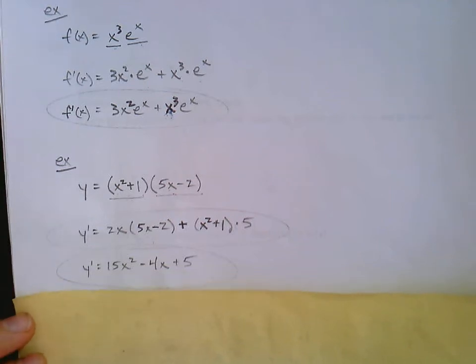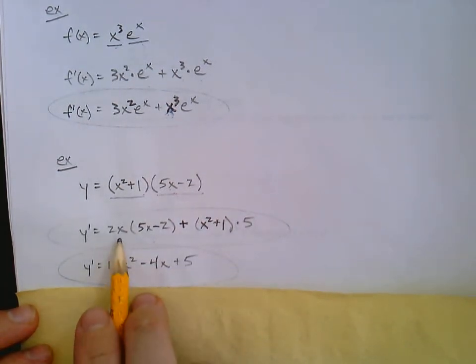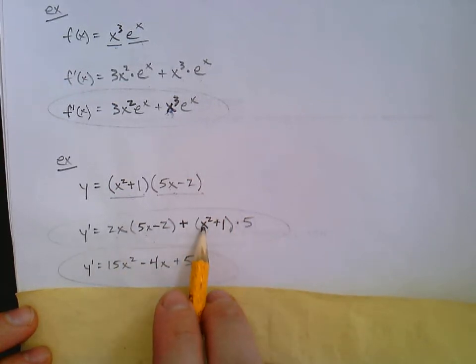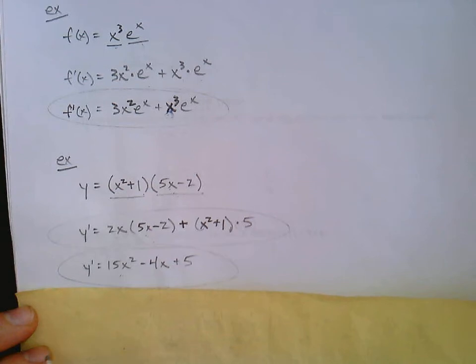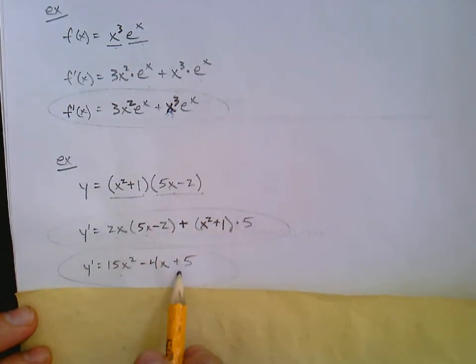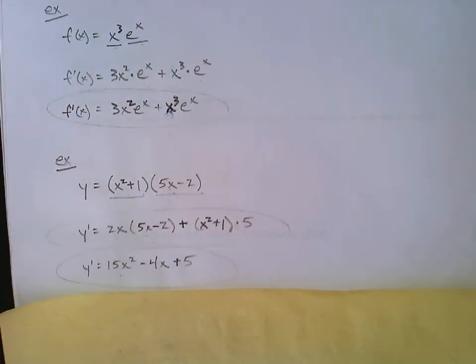Well, sure. That wouldn't be too hard. 2x times 5x is 10x squared, but then we're going to add another 5x squared. So 15x squared, and then we have minus 4x and plus 5. If we were to simplify, we would have it right there.